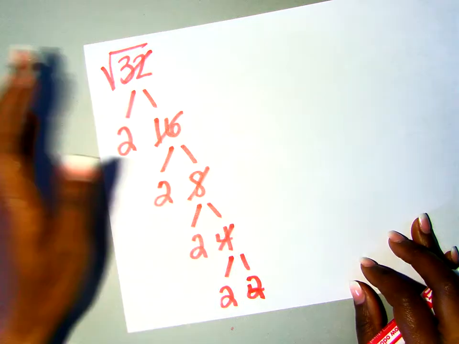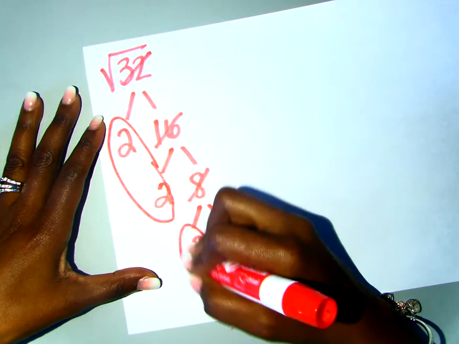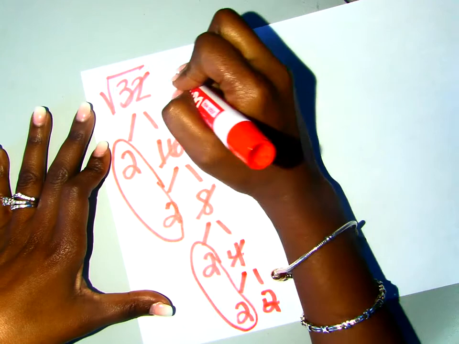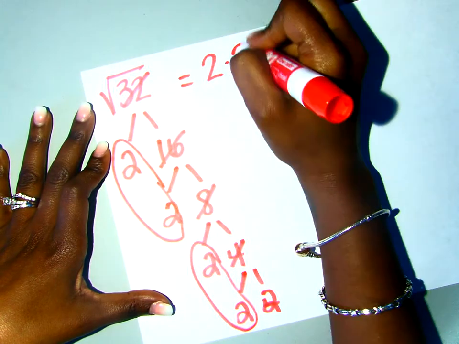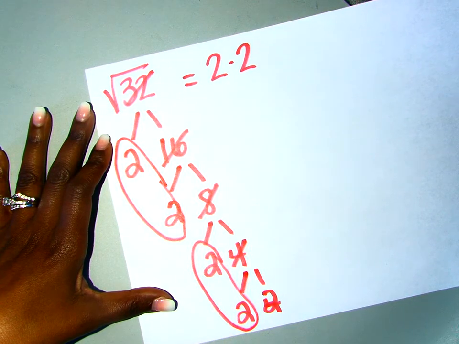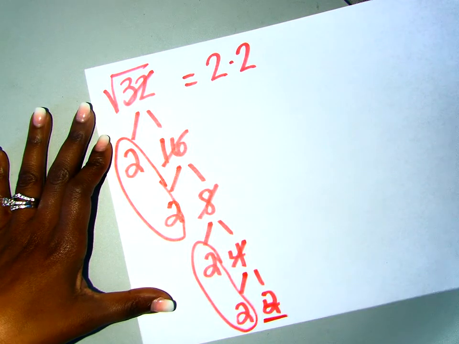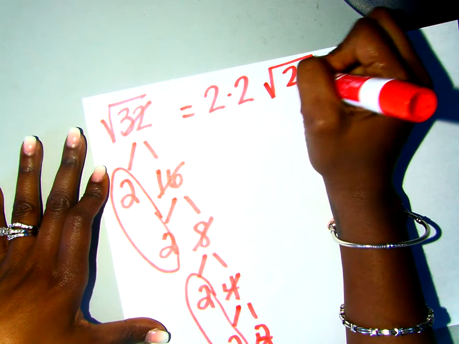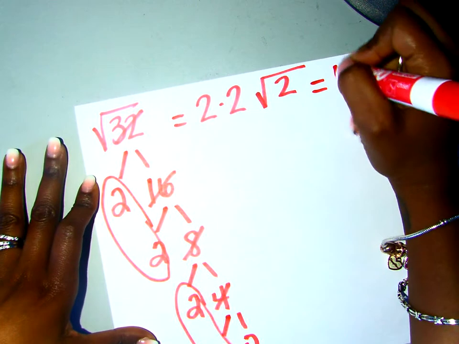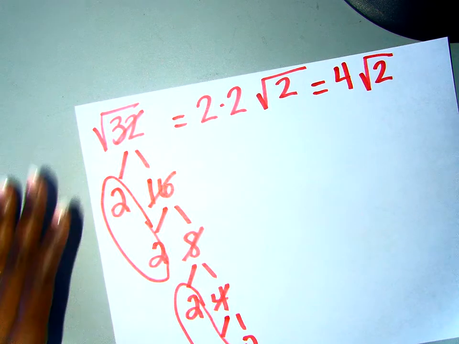Step 2, I need to circle my pairs. 1 pair of 2's, 2 pairs of 2's. So since I have 2 pairs of 2's, I will put two 2's on the outside. And then it says underline your non-pairs, and the only thing left is a 2. I'm going to place that on the inside of the radical. So now I just perform the operation of 2 times 2, which is 4, and square root of 2. 4 square root of 2.